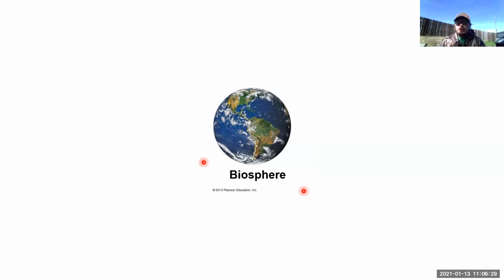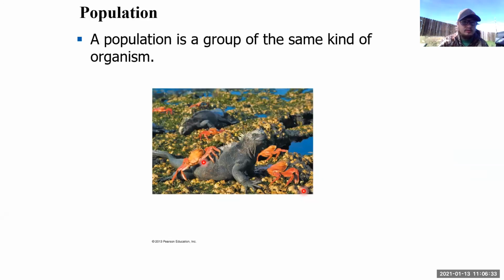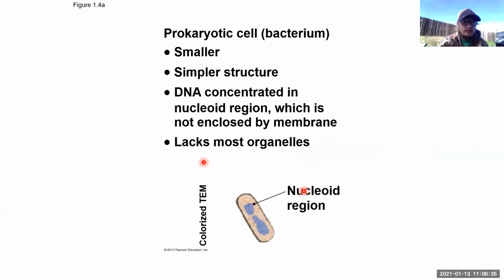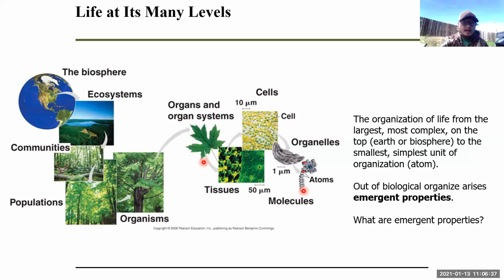And so just to summarize, you have atoms that make molecules. Molecules will make organelles, and organelles and other molecules will make cells. Cells will make tissues.